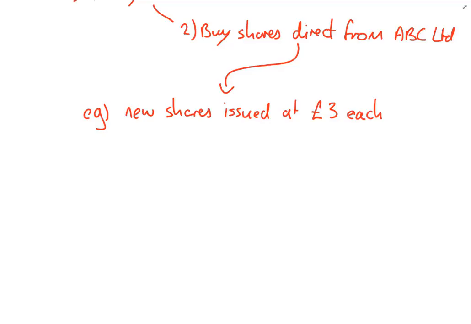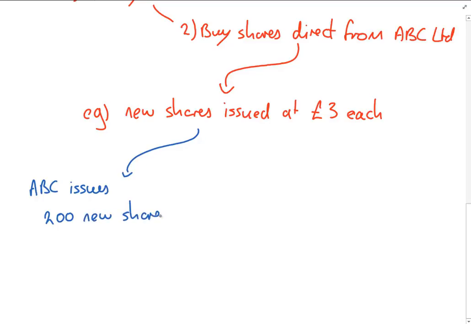So let's take this a little bit further. Let's assume that ABC issues 200 new shares, and that's to Erica, and that's at £3 each. But you know that the nominal value of these shares is only £1.